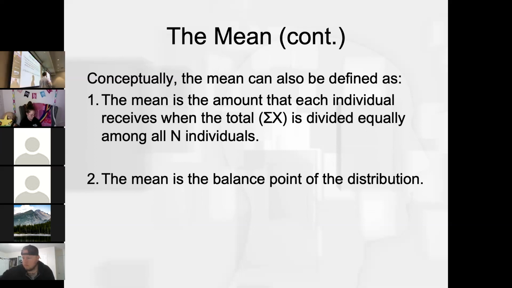And that mean is just the balance point of the distribution. I'll show you a representation of that in just a second. So we can also think about the mean as just these two notations here, writing sum of X over N. That's the mean.